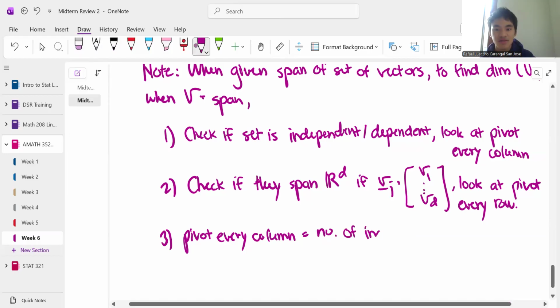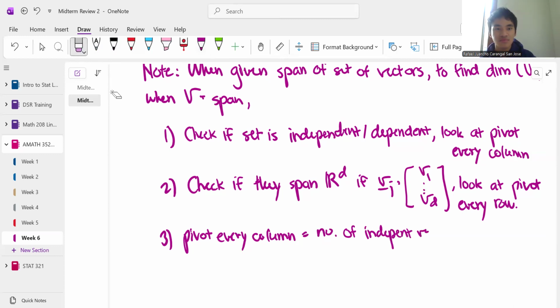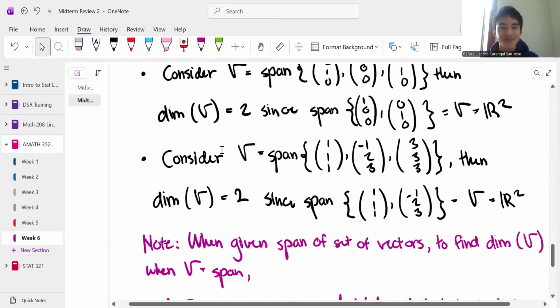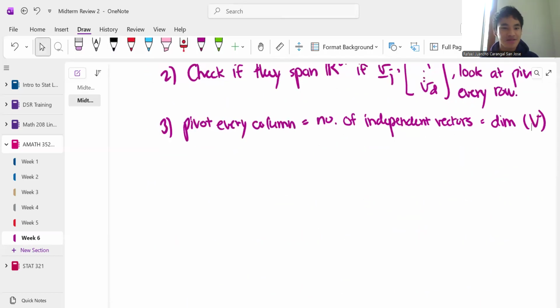The number of independent vectors is equal to the dimension. Okay, just a quick note. This is not in the lecture or anything. It's just a thing that works.